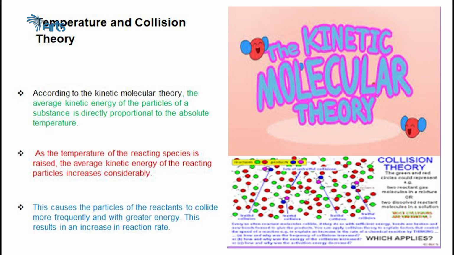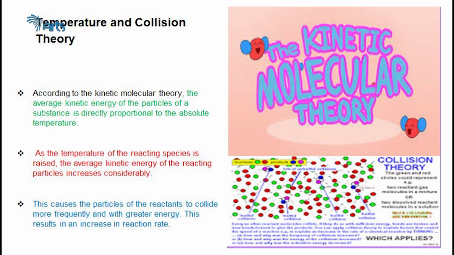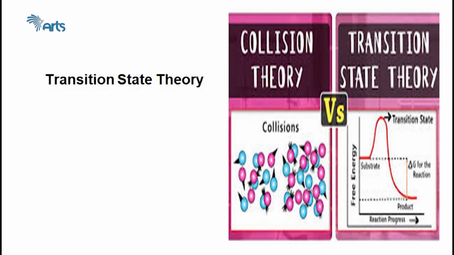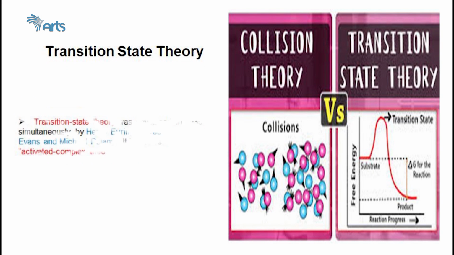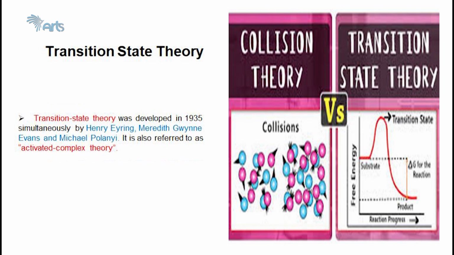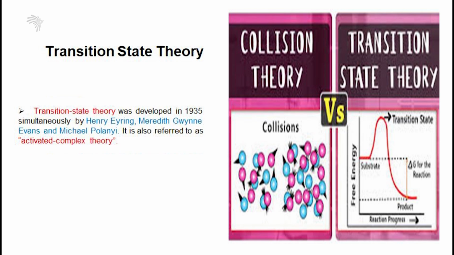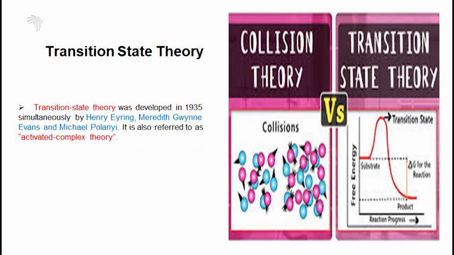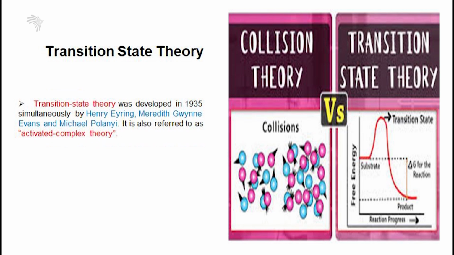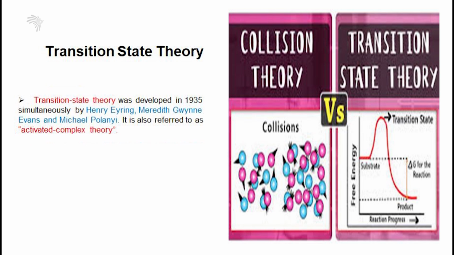The second well-known theory raised in connection with the rate of chemical reaction is transition state theory. So what does it state? The transition state theory was developed in 1935 simultaneously by Henry Eyring, Meredith Evans and Michael Polanyi. It is also referred to as activated complex theory.